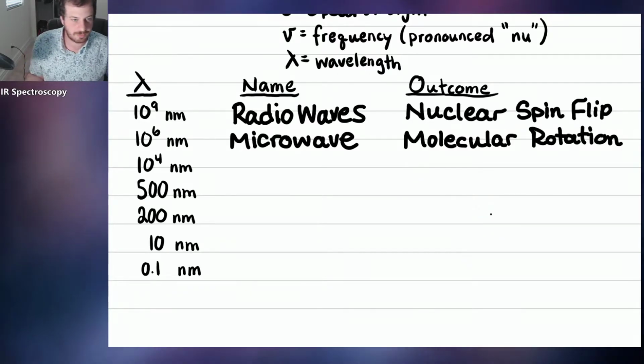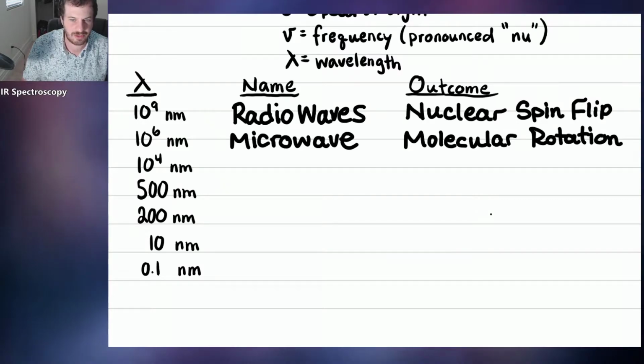It causes the bonds inside to start rotating, and that can create some thermal energy. That's how microwaves heat up your food: they cause the molecules of water inside your food to start rotating. That applies thermal energy, because we know that molecular motion is directly connected to thermal energy, and so that's going to cause the sample to heat up. So that's how a microwave warms up your food.